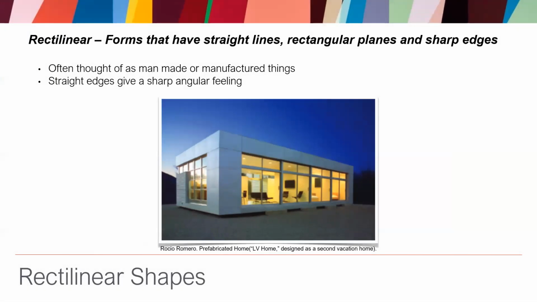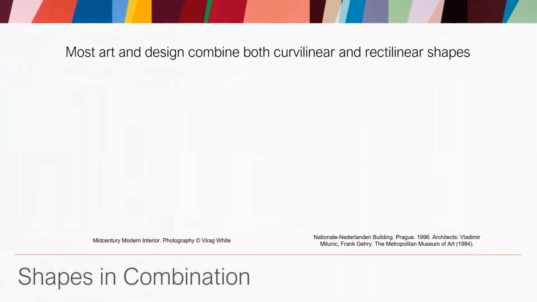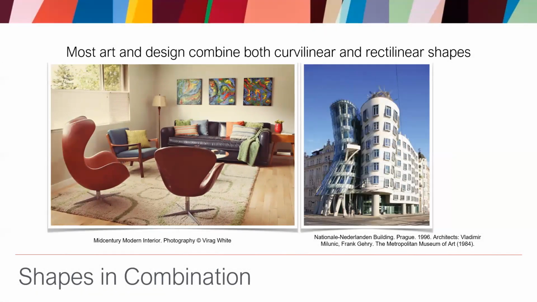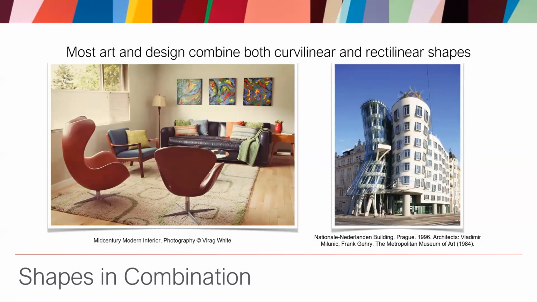Here's rectilinear, where we've just got the shape of a building, so man-made or manufactured things. Here's curvilinear and rectangular shapes put into the same piece of art or composition, or with the building. Interesting how it looks like the building's broken, but obviously it was built that way.